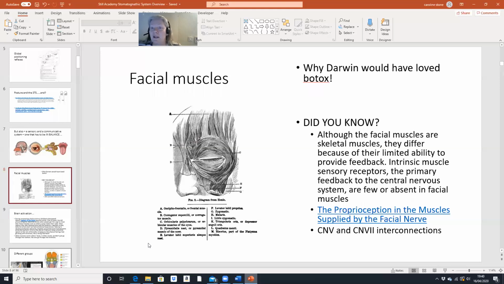So yes, we use the lips for speech and eating, and the tongue similarly, but the facial muscles are really curious sets of structures. And obviously, when we look at someone, the first thing that we see is their facial expression, and we take a view on that, and we actually think, what does that expression mean? And usually there's all sorts of facial mimicry which starts very early on.